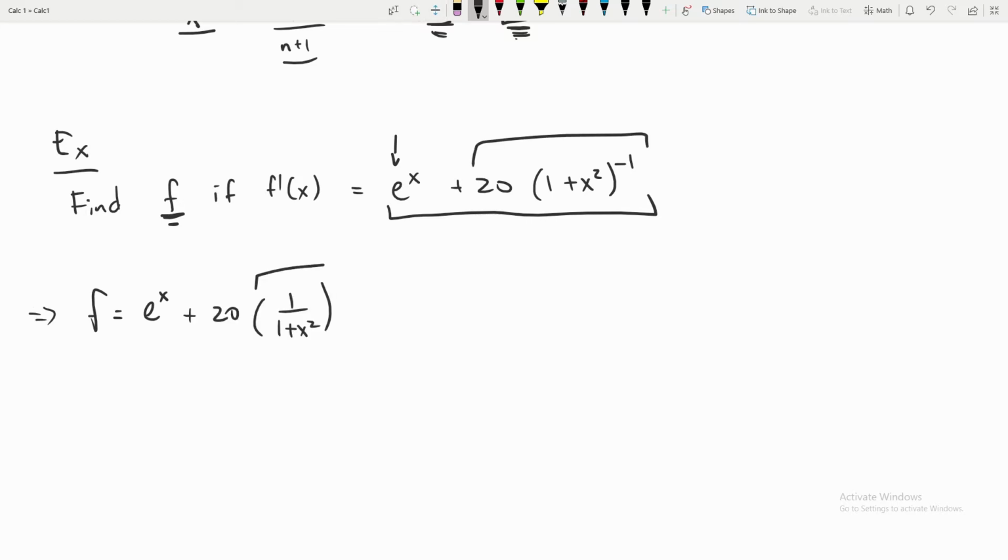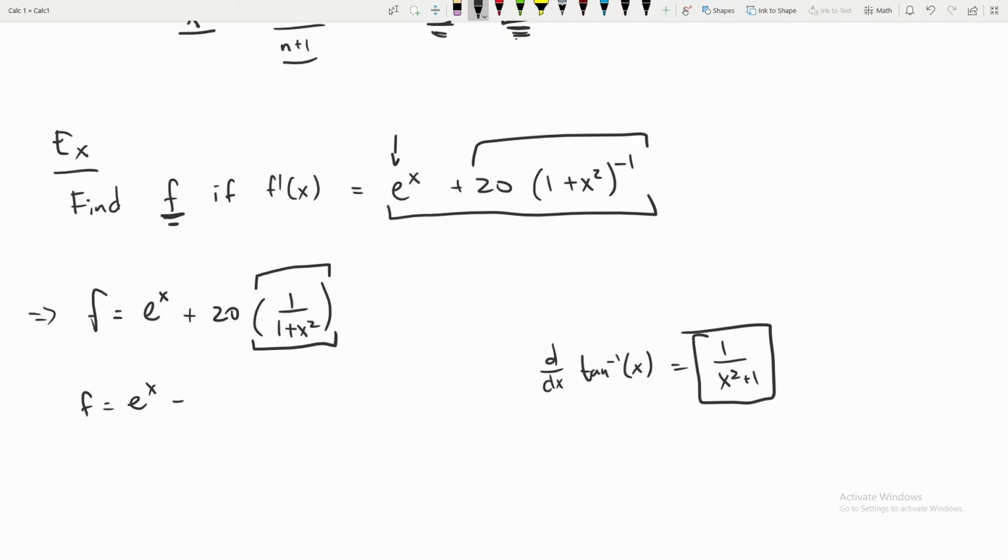If we take a look at this right here, this closely resembles what the derivative of inverse tan would be. So if we replace this with tan, and then take the derivative of that, we would end up with this thing right here. So that means that f is equal to e to the x plus 20 times tan minus 1 of x.